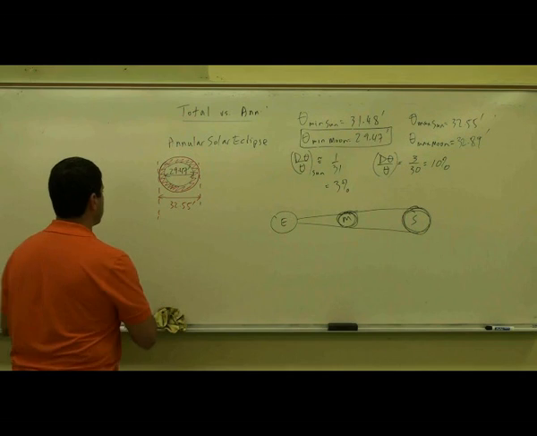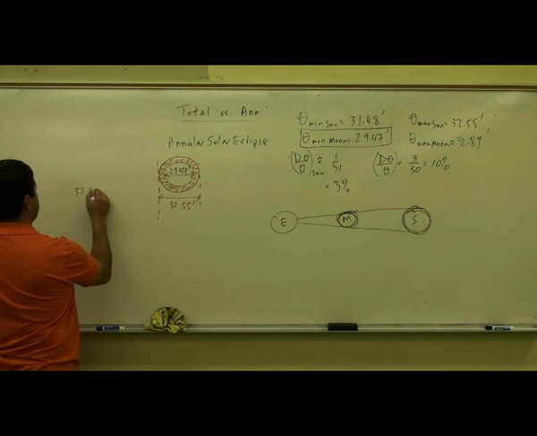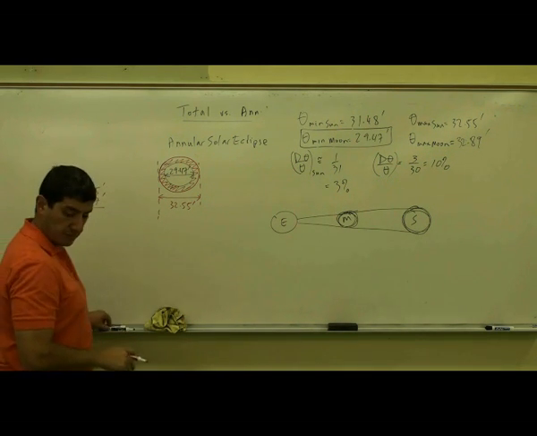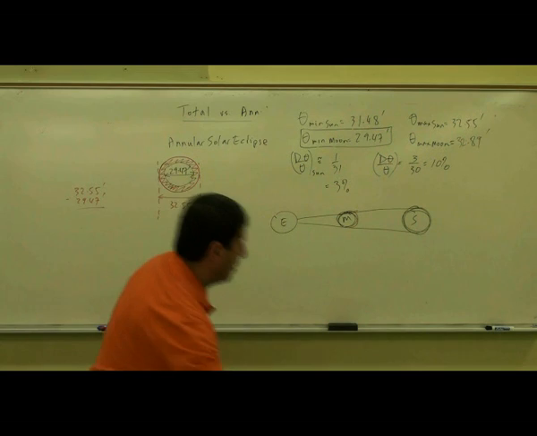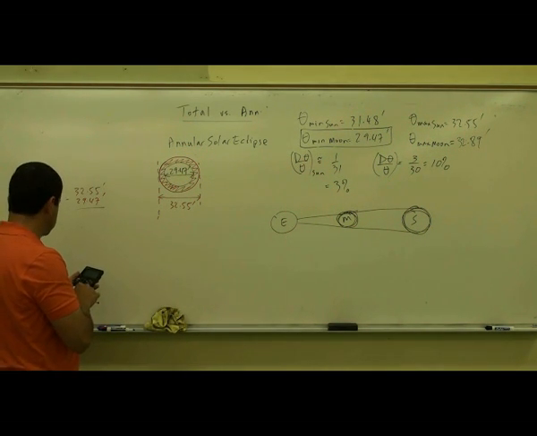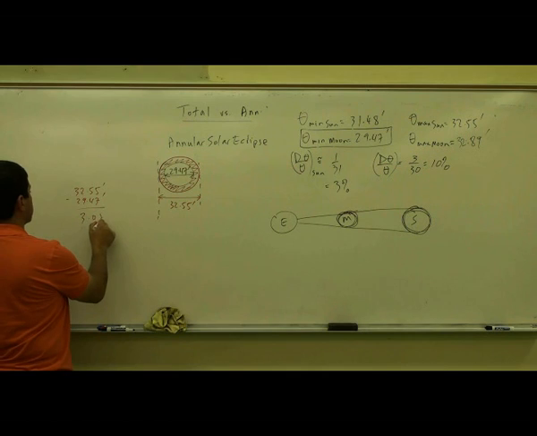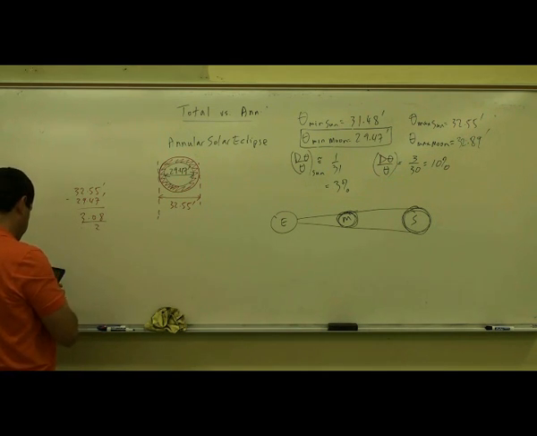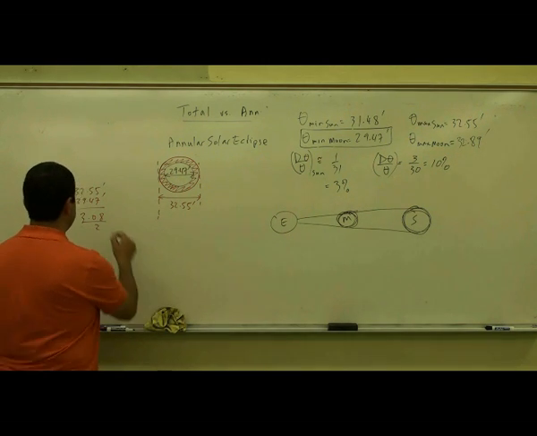Well, we subtract them, right? 32.55 minus 29.47, and we get 3.08. And we divide that by 2, 1.54.